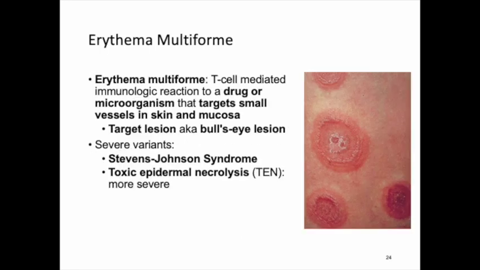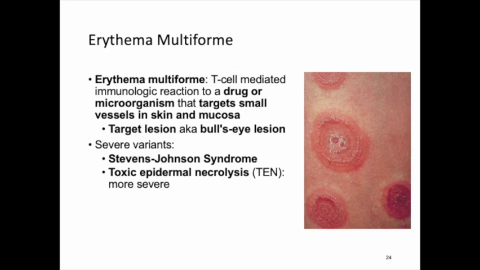Erythema multiforme is a T cell mediated immune reaction to drugs, or a reaction to a microorganism even. And what you're going to see are these target lesions or bullseye lesions, and they target the small vessels in the skin and the mucosa. There's two severe variants that we'll talk about, Stevens-Johnson syndrome and also TEN, which is toxic epidermal necrolysis.